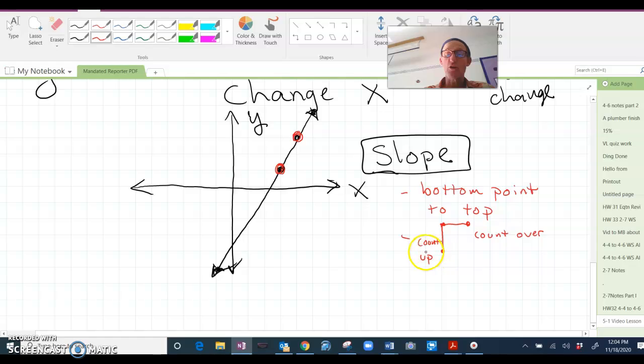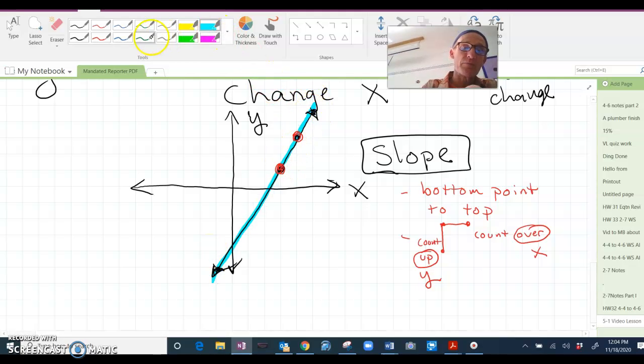Your up is the change in y, and your over is the change in x. So the slope of this line that I have highlighted in blue will be up +2 over +1.